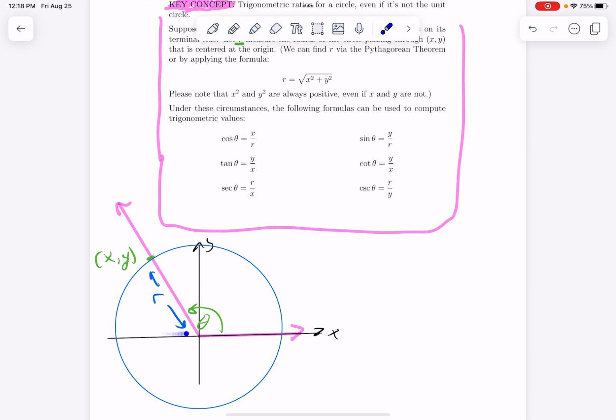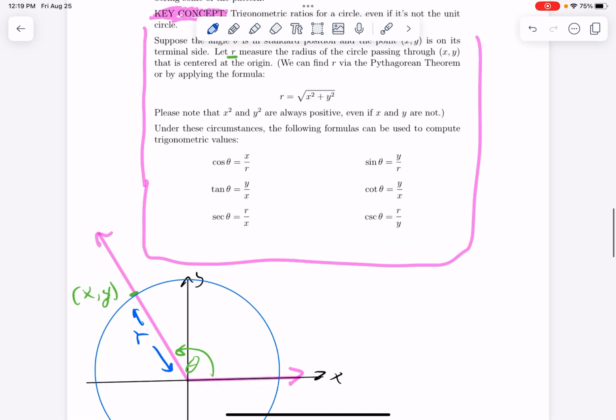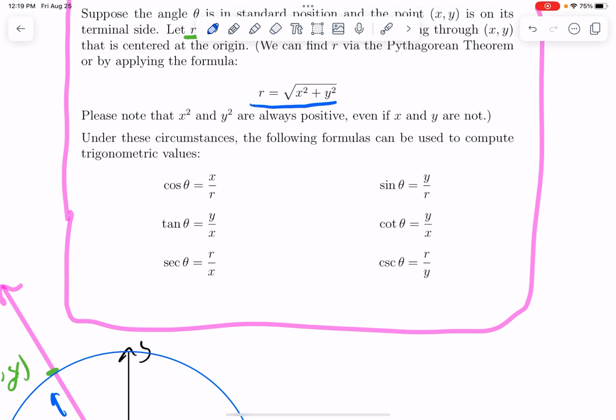You might imagine, oh, if I draw this side and this side, I get a triangle. This is an R. So R measures that distance. You can get it by the Pythagorean theorem. If you want to just remember the shortcut, R is the square root of x squared plus y squared. And I'll remind you that even if x or y is a negative number, x squared and y squared are positive. We're always dealing with positive numbers in that formula.